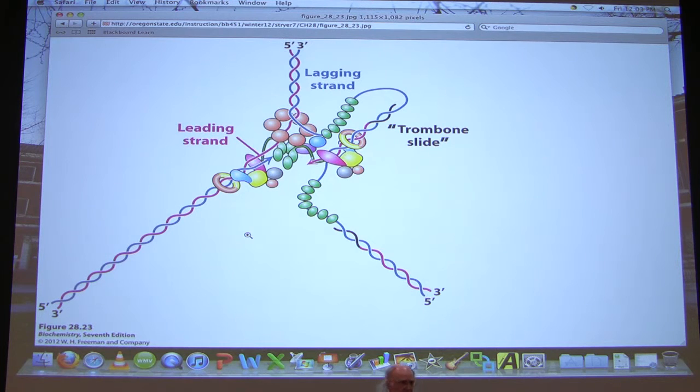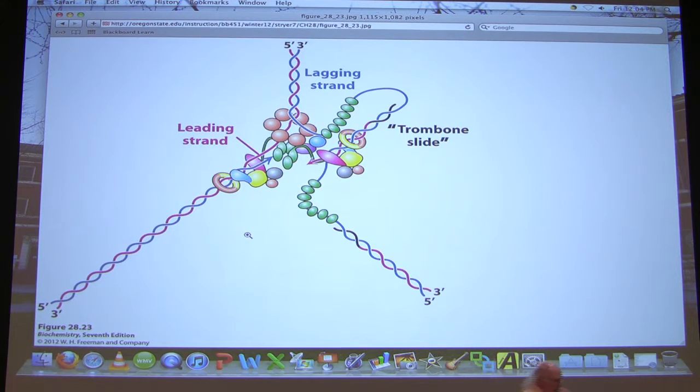Okay? That is definitely not correct. Pol I participates in the replication of the lagging strand, but Pol III is still doing it. In fact, you can see it right here. That's Pol III replicating the lagging strand. Pol I comes in and, as I noted, displaces the primers. I'm going to explain that process in a little more detail in the lecture today. But to say that one is Pol I and the other is Pol III is 100% wrong. So forget that if they told you that.